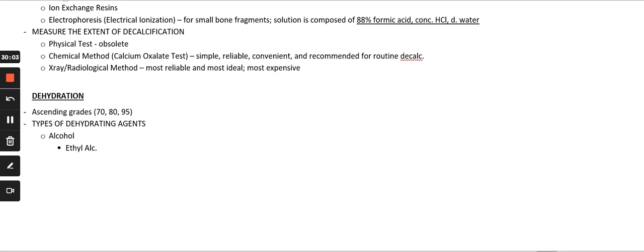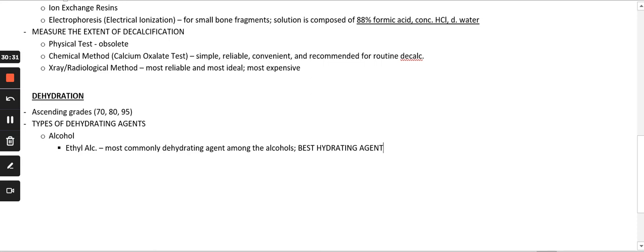Ethyl alcohol is the most commonly used dehydrating agent among the alcohols. It is also considered the best dehydrating agent.